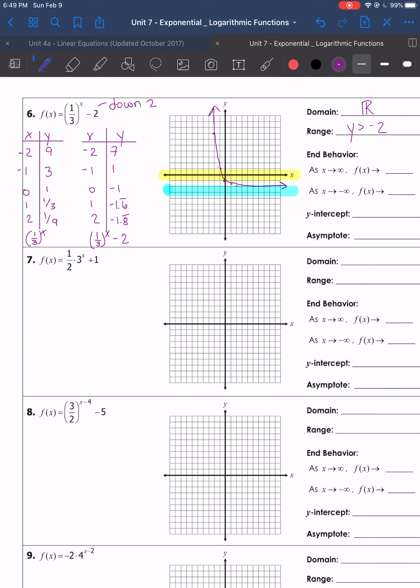Our end behavior, as x goes to positive infinity, f of x goes to -2, where before it went to 0. And when it goes to negative infinity, it's going to positive infinity. And then the y-intercept is 0, -1. And our asymptote and our range are going to be identical in the number sense. So it'll be y equals -2.